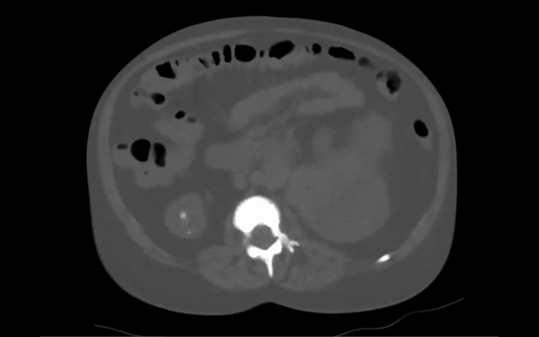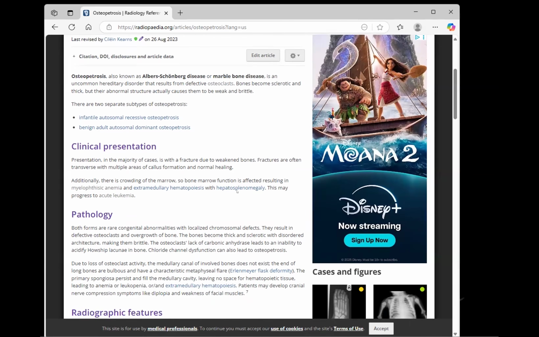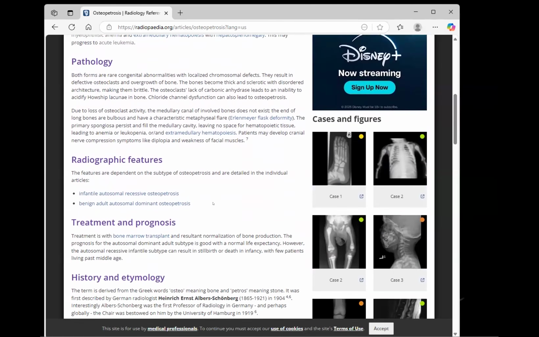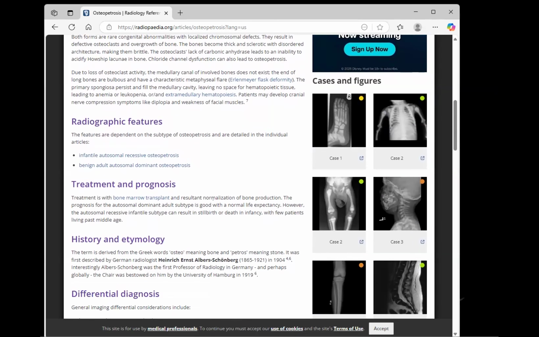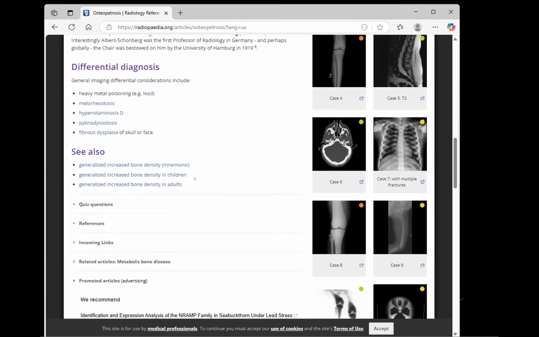So I'm just going to bring over the Radiopaedia article about it. So osteopetrosis, there's an infantile form where patients may die in infancy, but sometimes they can live to midlife. And then there's a more benign one. They have extremely dense bones. They get a lot of fractures.